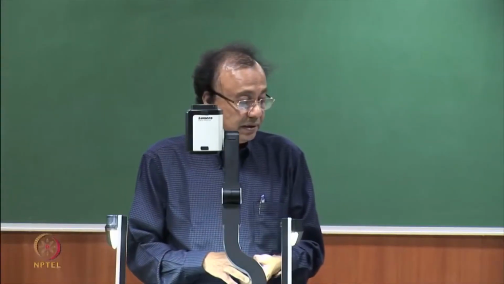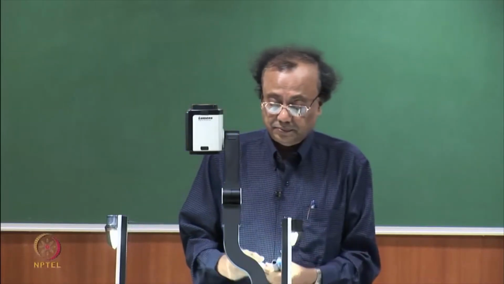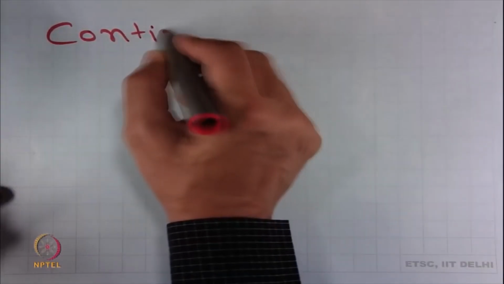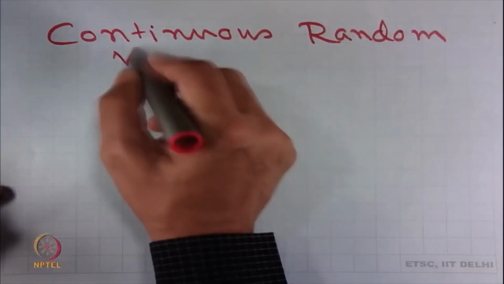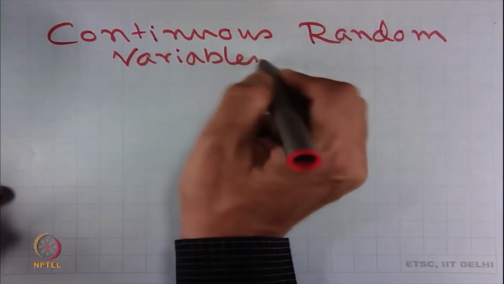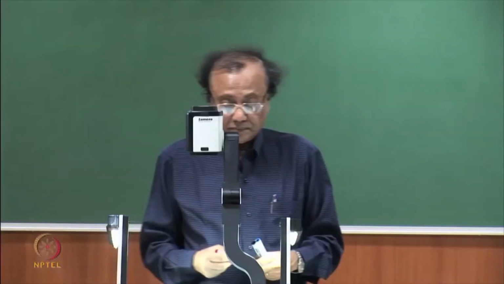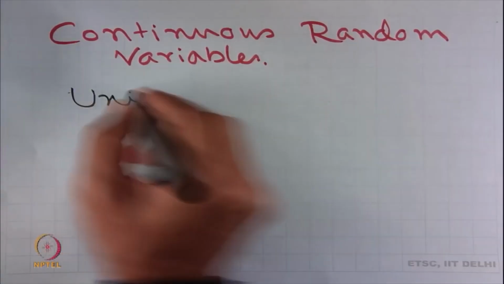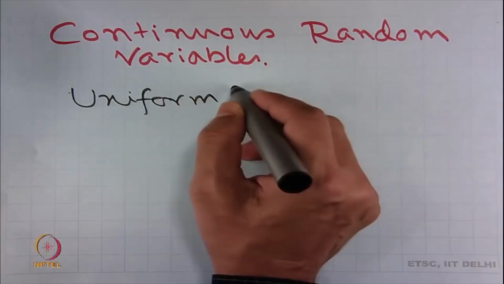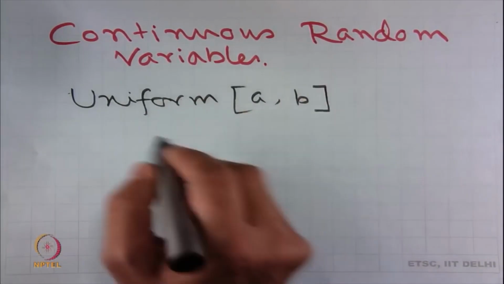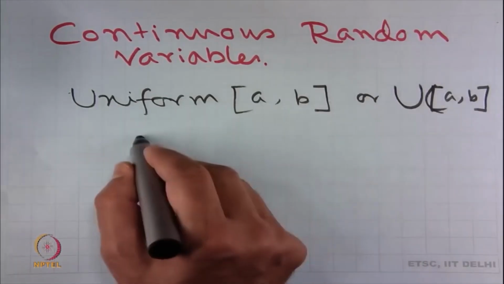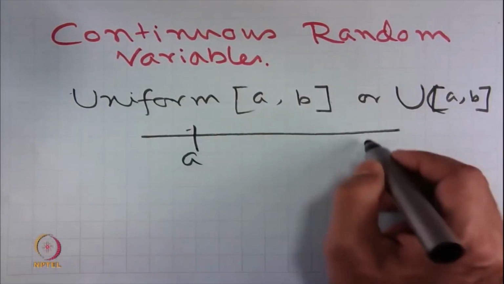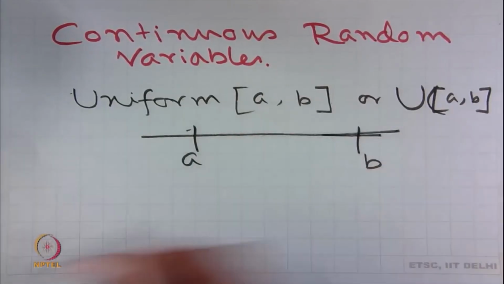Now, let me look at some continuous random variables. The simplest one is perhaps uniform A B. On the real line there are 2 points A and B, and the distribution of the random variable is uniform.